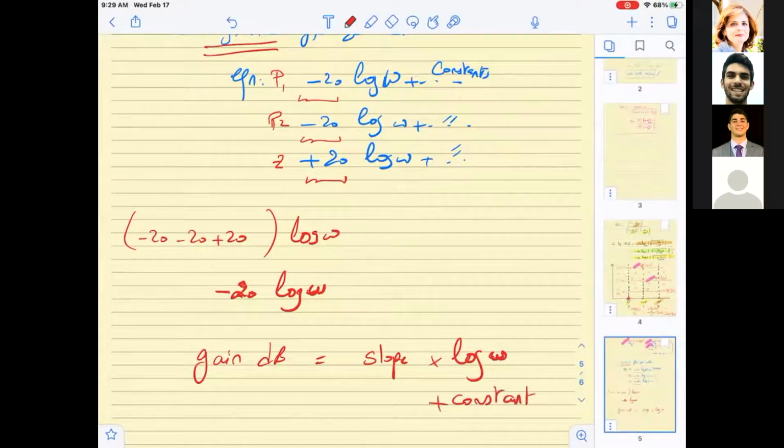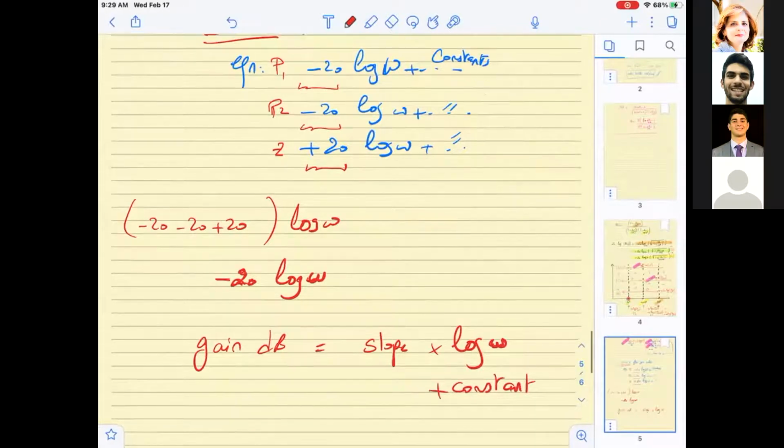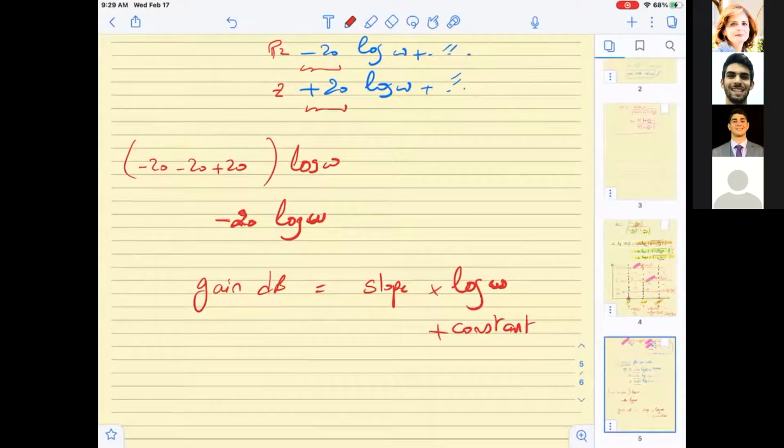We will not use the constant information because we will propagate it as we will see in the next example. But this slope is determined in every region by the number of preceding poles and zeros.